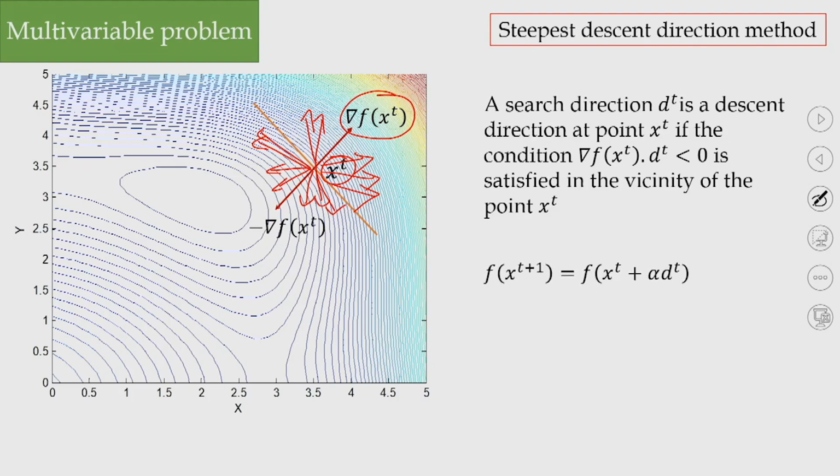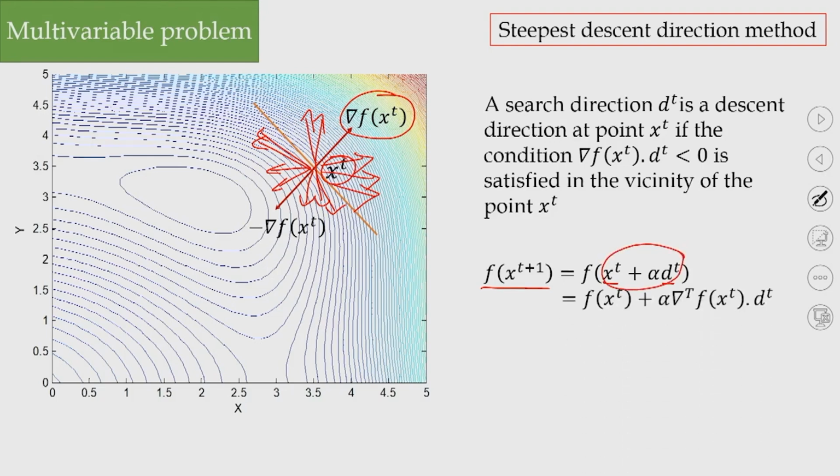So I can write f of x t plus 1, that means another point, if I go along that direction dt from xt. I can write f of x t plus 1 which is equal to f of x t plus alpha dt. So I am going along direction dt from xt.